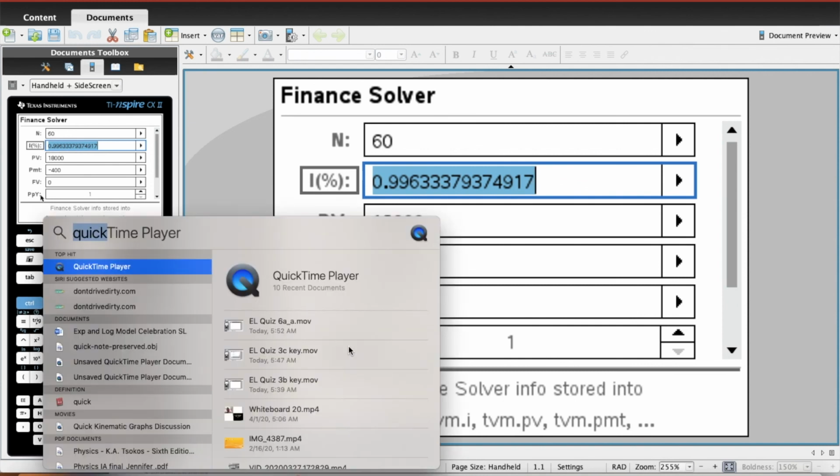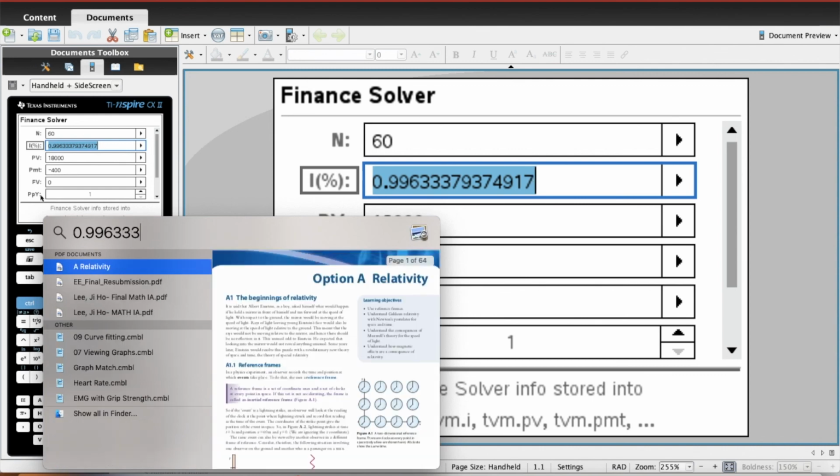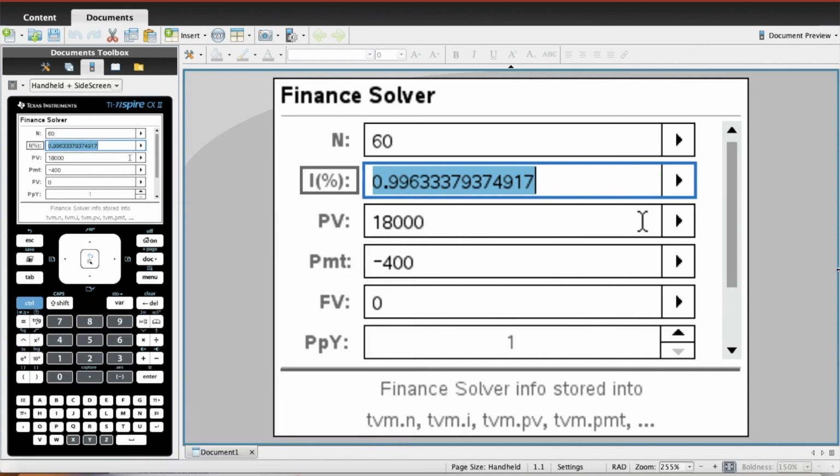So if I take 0.996333 and I multiply that by 12, I get 11.96, just like I'm supposed to. And you can see that right here on this screen. So anyway, there you go. You've got 2 different ways to answer the same question, and then we're going to go back and answer part II and then letter C. So let's head on back.